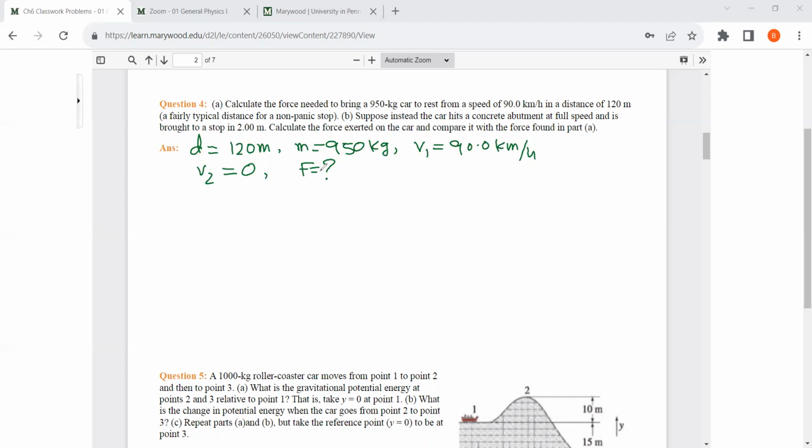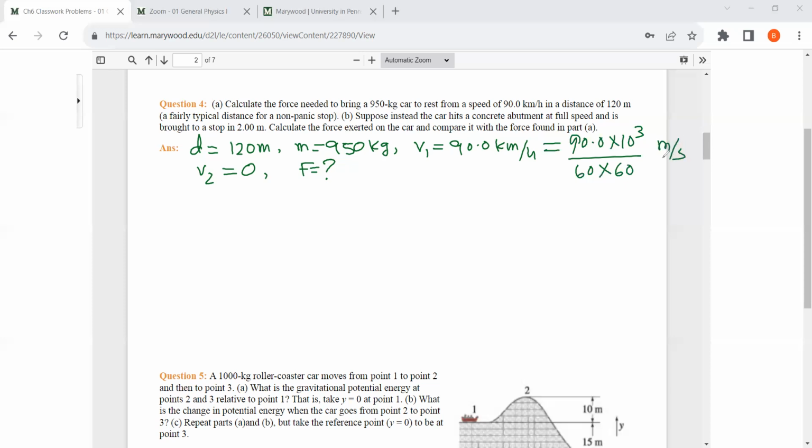Now everything is in good shape except v1. v1 is given in km/h, so it's not useful. Let's first convert it into a useful unit. 90 times 10 to the power 3, divided by 60 times 60 seconds, gives meter per second.